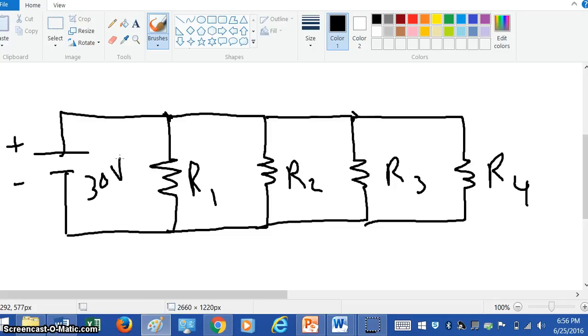Then that 30 volts is felt across this resistor, and it's felt across R2, and across R3, and across R4. Whether they're resistors or not doesn't really matter, they're electrical devices. And so the voltage is the same. And we can use this information to solve circuit problems.